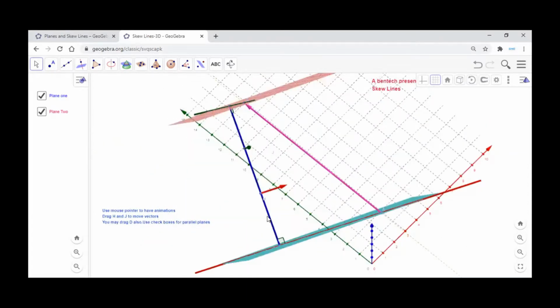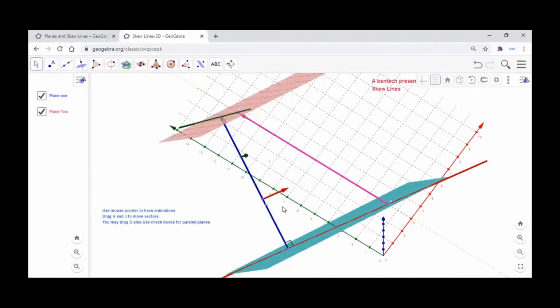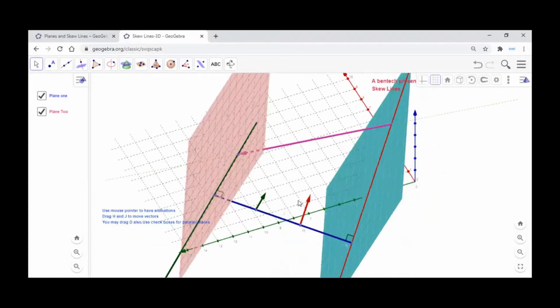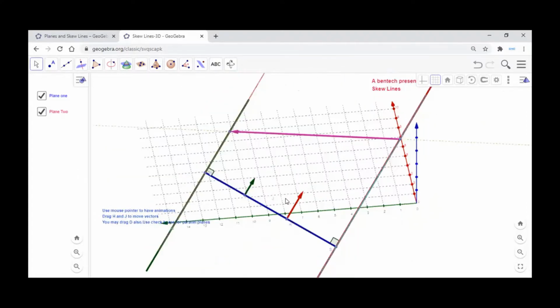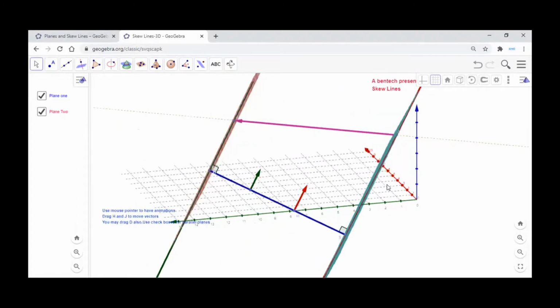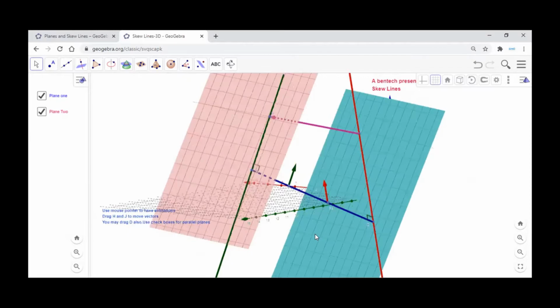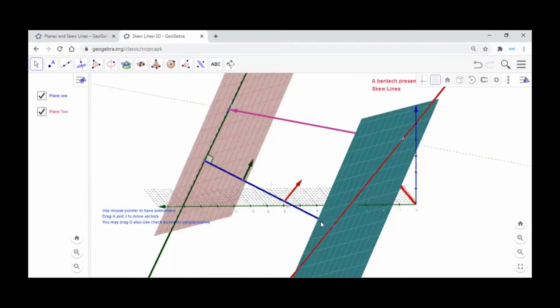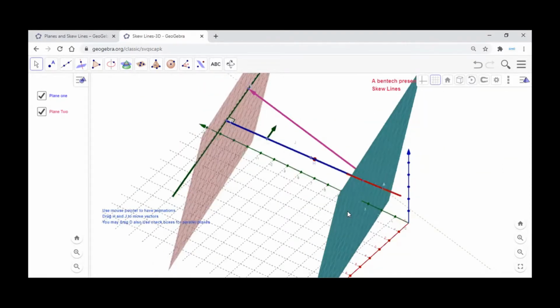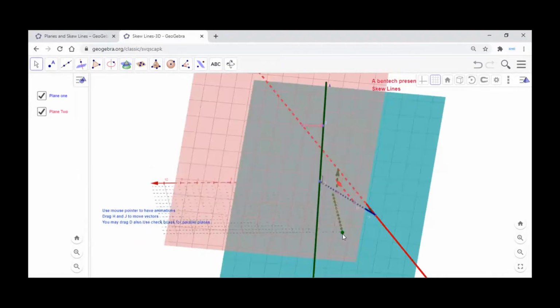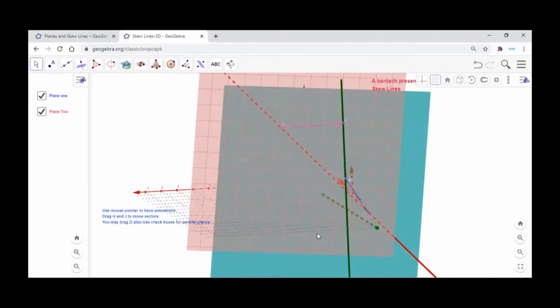So we need these three things here: one is the red color line, the other one is the green color line, and these three are the x-axis, y-axis, z-axis, which we are not considering. So I am talking about lines in two different planes, right? Such lines which are neither parallel nor intersecting are called skew lines.